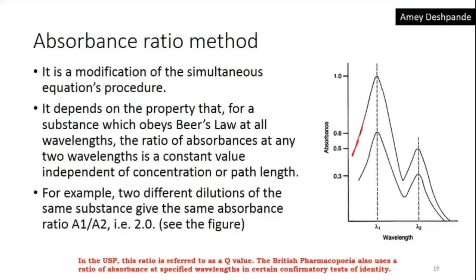Suppose this is the solution of some drug. Suppose it is a solution of, say, aspirin at a particular concentration. When I scanned aspirin over a certain wavelength range, I got 2 lambda max. This is the first lambda max and this is the second lambda max.